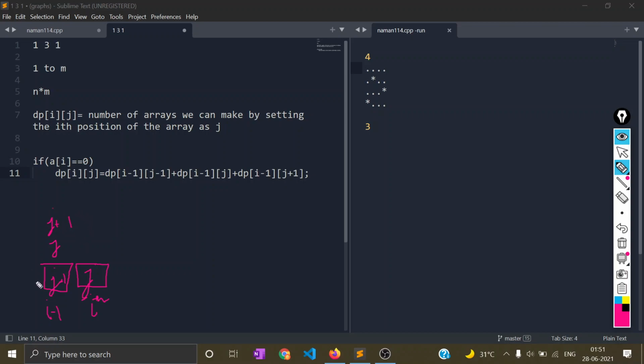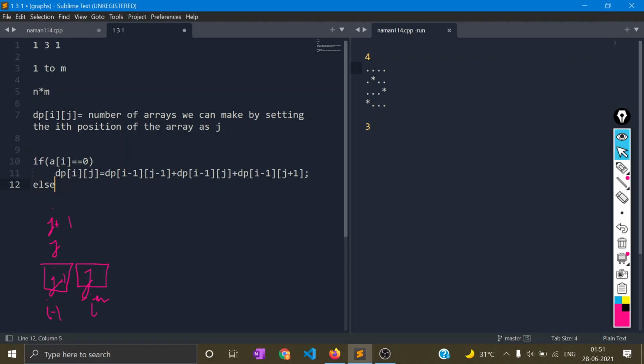Only these would be the valid arrays. Any other array would not be useful. That is a fact. There would be some conditions like j should be greater than 1 and i greater than 1, we would see that in code, but we have constructed a simple relation over here.